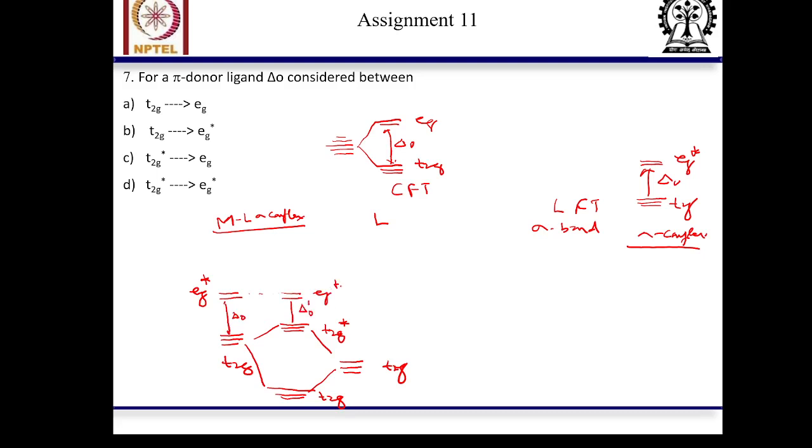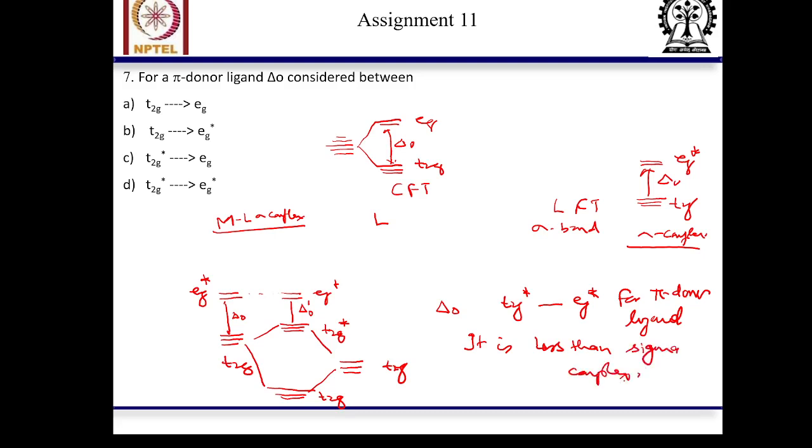So your delta 0 is considered between T2g star and Eg star for a pi donor ligand, and it is less than the sigma complex, where only sigma bonding is considered. So the correct answer is D.